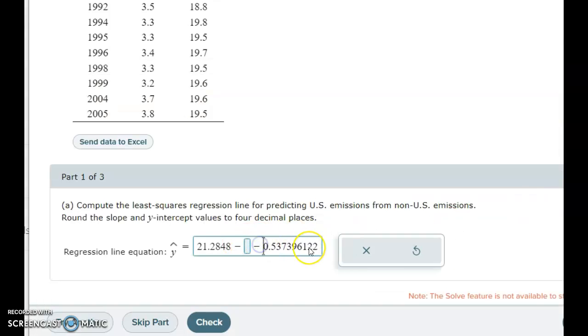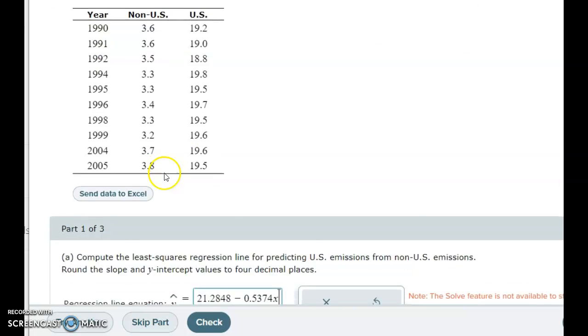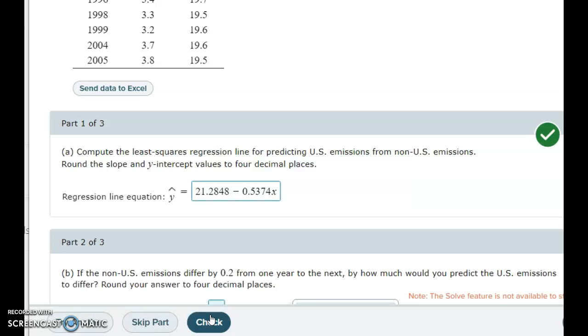And we only need one of those minuses. You could also do plus and then have it as a negative. I think I had done that in class one time. That would be perfectly fine. And I'm just going to put an X here to represent the non-US. My guess is, Alex, if you type out non-US, it's not going to like that. So this is our equation for our line.